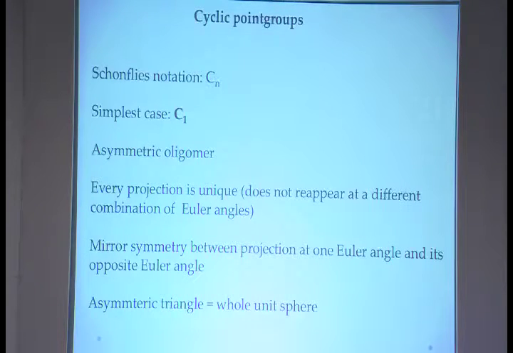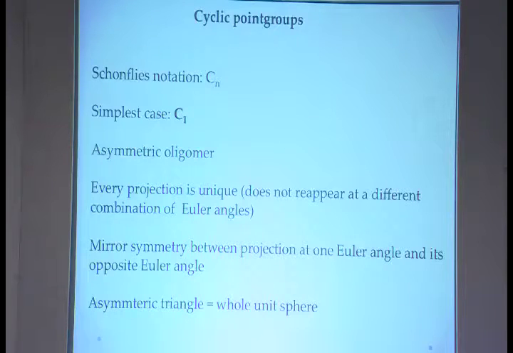This is an asymmetric molecule, could be an oligomer, and every projection is unique. So when you are taking the projections in an electron microscope, you do not get a projection reappear at a different combination of Euler angles. What this necessarily means is that for doing a reconstruction, you generally require a lot more data, because every projection is unique.